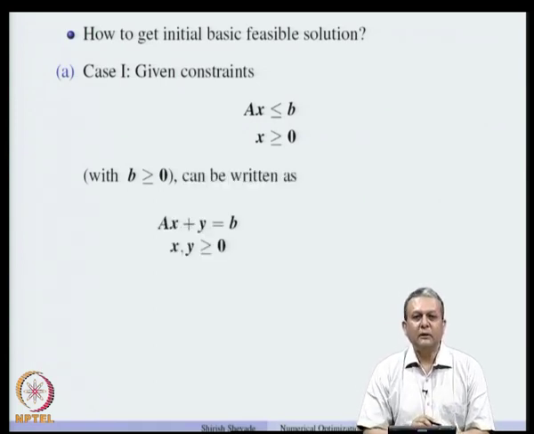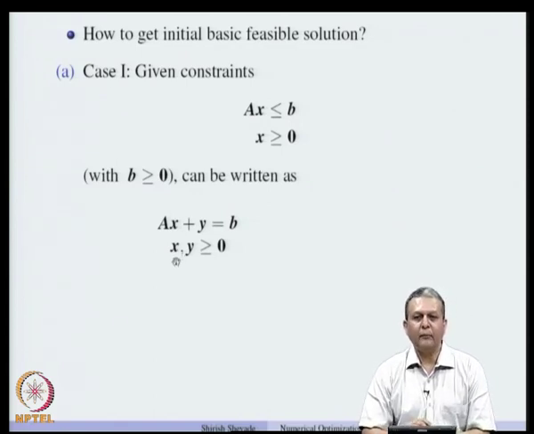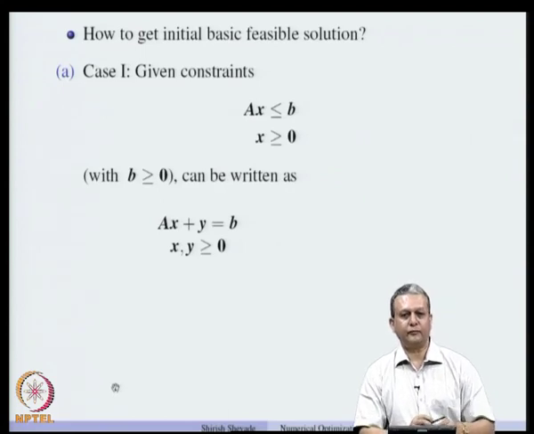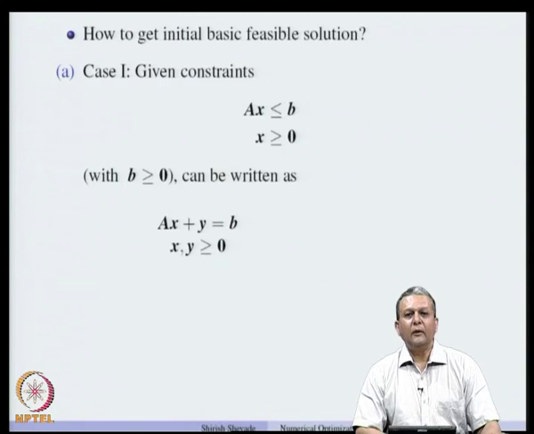Now, this constraint can be written as Ax plus y equal to b, where x and y are non-negative. To get a basic feasible solution, what we need is a submatrix of the constraint set matrix to be an identity matrix, so that the basic feasible solution can be easily obtained from the constraint set.